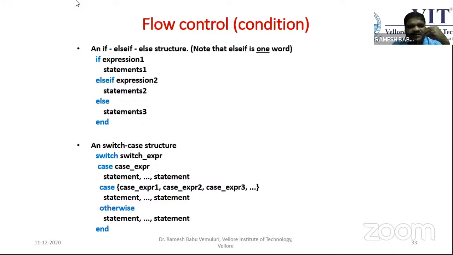In the conditional case, it will check a condition. The condition is nothing but an expression, and once this condition is true, then whatever statements are related to it will be executed. This is called the expression. If the expression is not true, then these statements won't be executed.